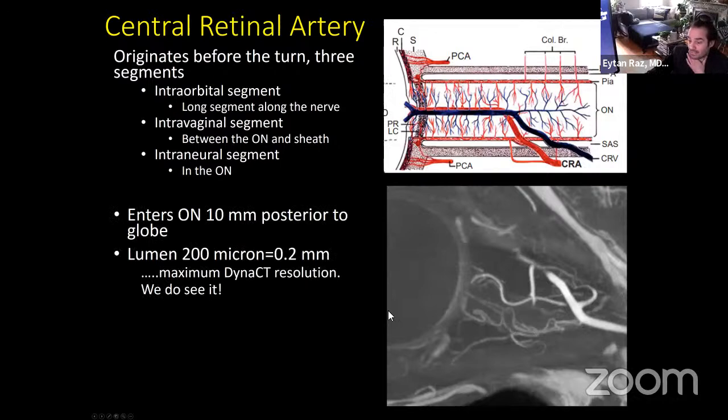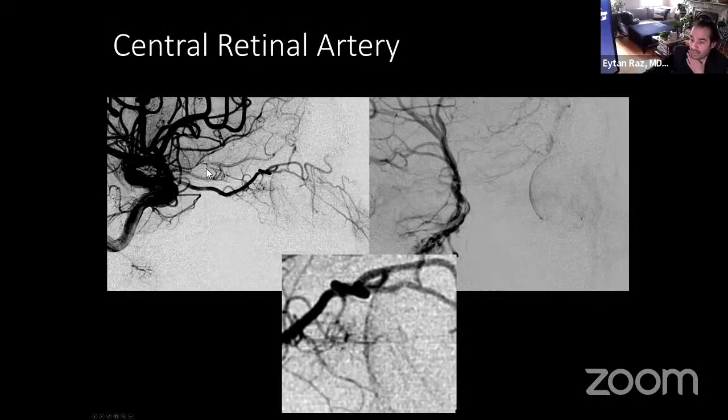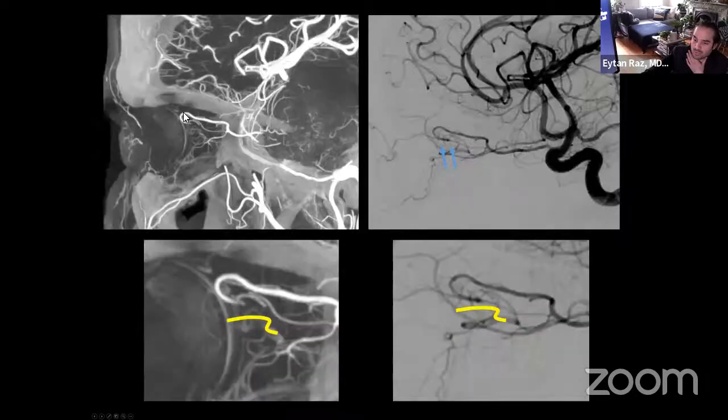You identify this vessel, which has a lumen that is at the level of the resolution we can get with DynaCT. So we do see the central retinal artery. On 2D imaging it is essentially impossible, but when you do your DynaCT, there it is. This is a central retinal artery, and then you go back to your 2D imaging and you can identify it.